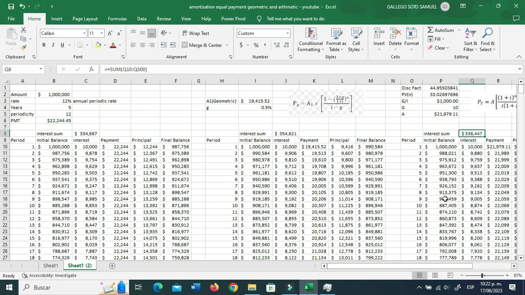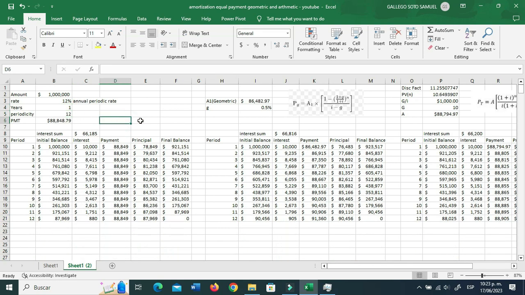Then you pay $36,447 in interest in total for 5 years, as opposed to $334,667. But this is something that you can just go ahead and play with and see what effect it has on your finances.